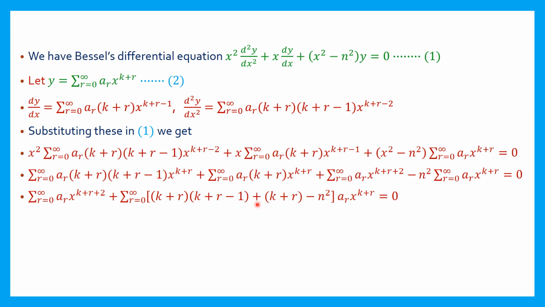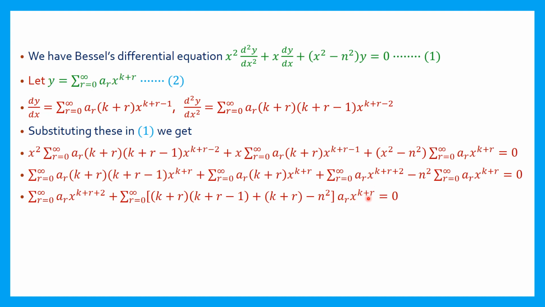This (k plus r) into (k plus r minus 1) we got from the first summation, and this (k plus r) we got from the second summation. This minus n square we got from the last summation, and written like this, equal to 0.